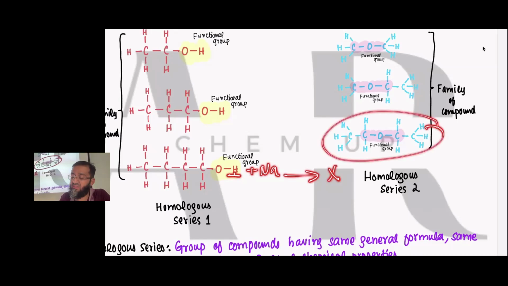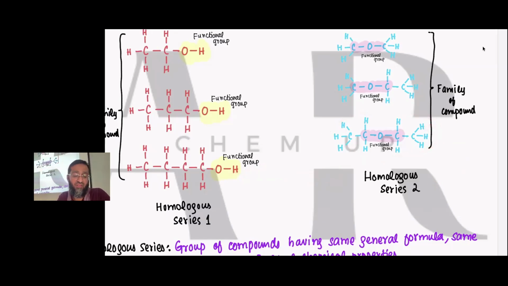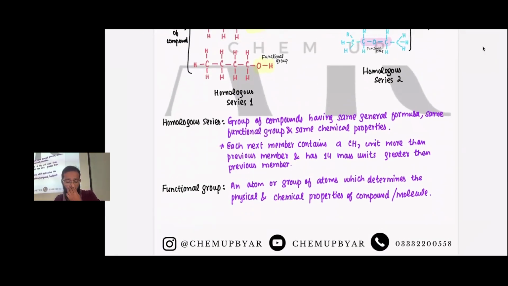But in this structure, no hydrogen is bonded to oxygen, so it doesn't react with sodium metal. So the functional group is the one which determines both the physical and the chemical properties of the compound. That's what we call functional group. Is this clear? Okay.